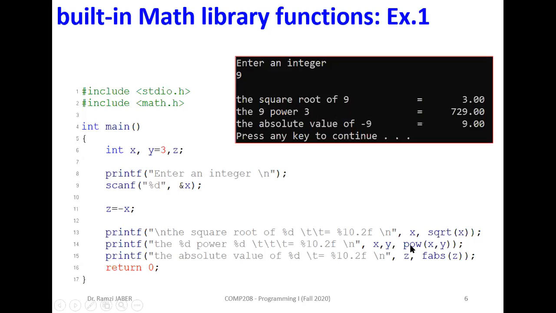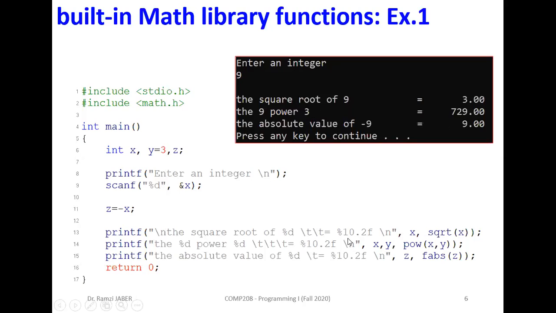Put here the built-in function call, pow means power, parenthesis x comma y. So the base is x, y is the exponent, so x power y, x here is 9 and y here is 3, so 9 power 3 gives us 729.